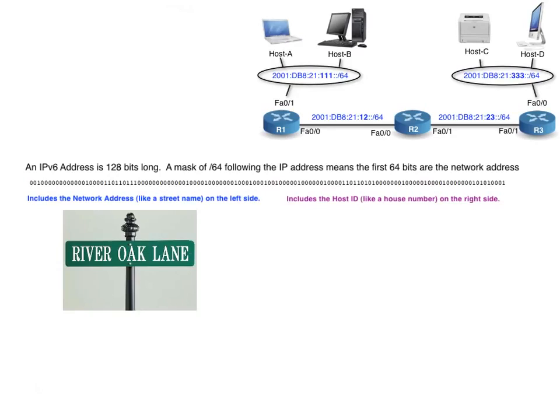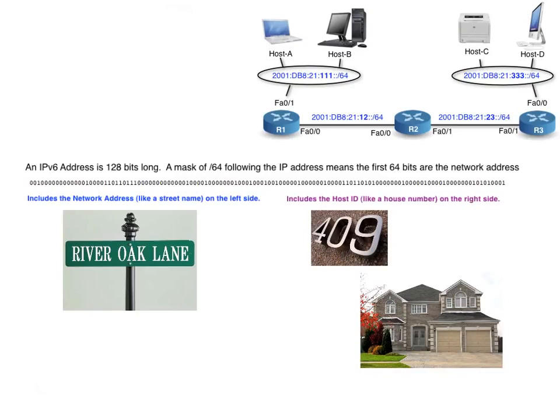We also have a unique host identifier, which is like a house number that each computer gets. So each computer is going to have an IP address. Part of that IP address represents the common street that device is living on, and the other part represents the actual host ID, the unique house number, if you will, for each individual host. So now we understand the basic components of IP addressing.